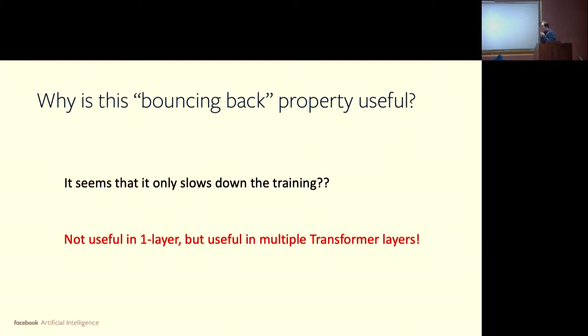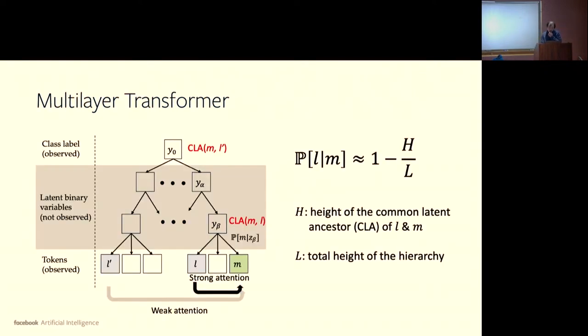Is there a way you can generate some synthetic hierarchical data to prove this theory? Yes, you can actually do that, and we did it in one of the experiments. One possible implication of this theory is that over time you're going to learn these latent variables in different layers of the transformers, which is indeed true in our analysis.